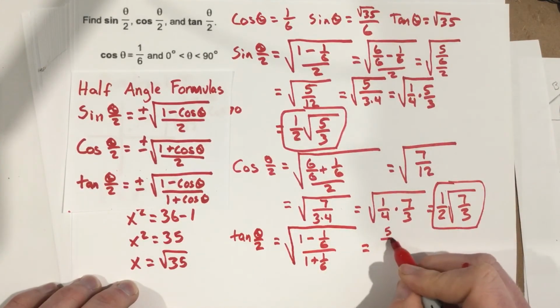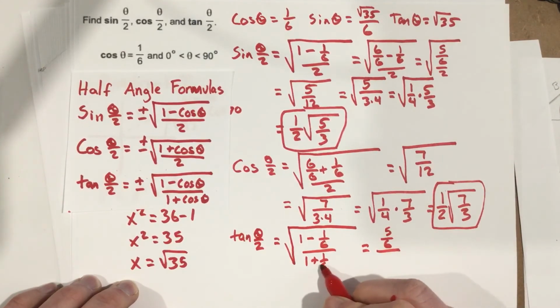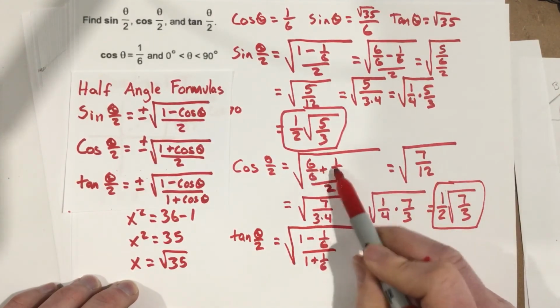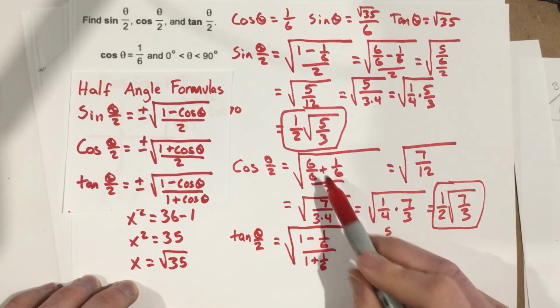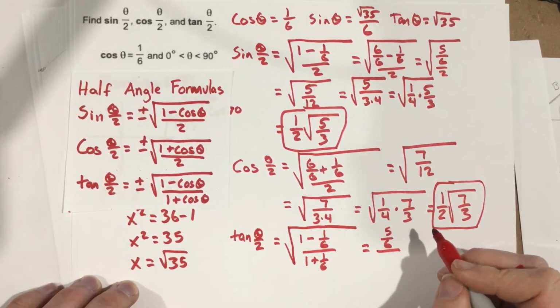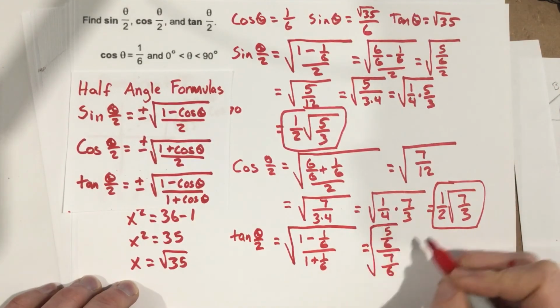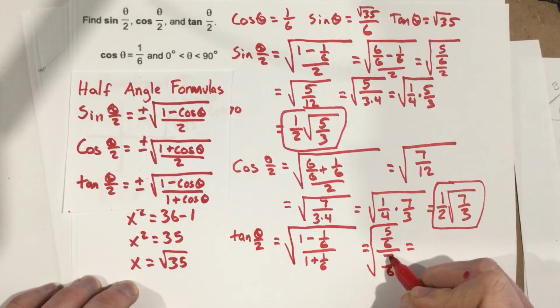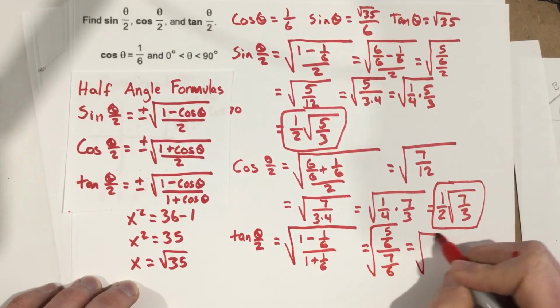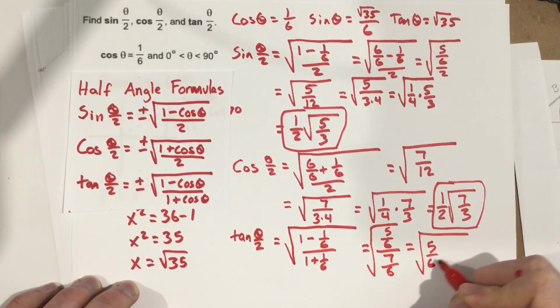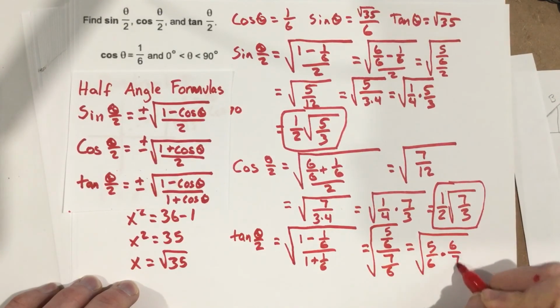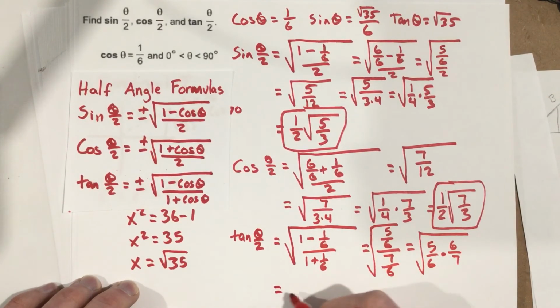So we have 5/6 over 1 plus 1/6, which gave us 7/6. You're dividing two fractions, flip and multiply. So we have root of 5/6 times 6 over 7. And so we end up with the root of, the 6's cancel, 5 over 7. Both are prime numbers. That's the answer.